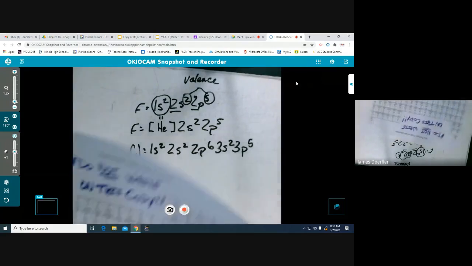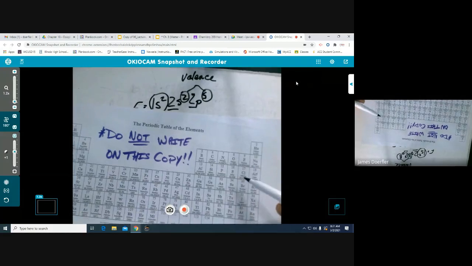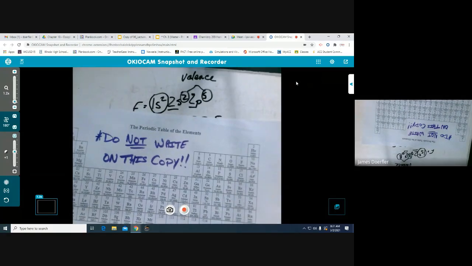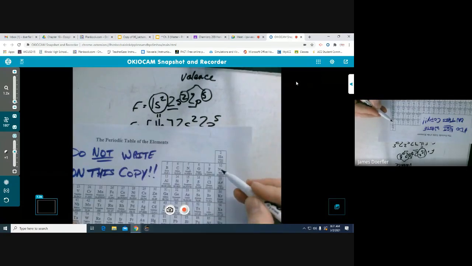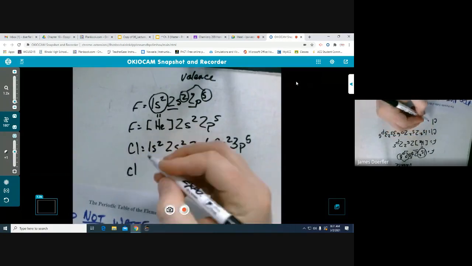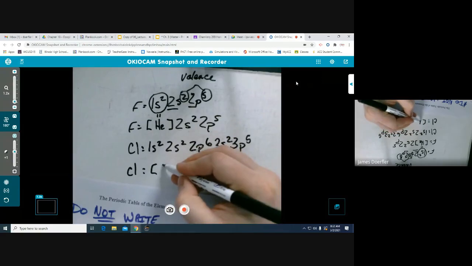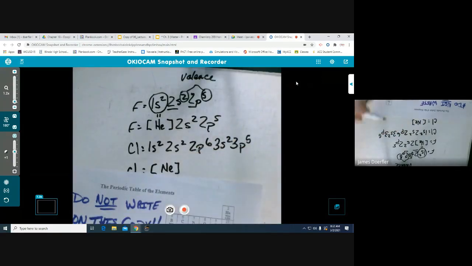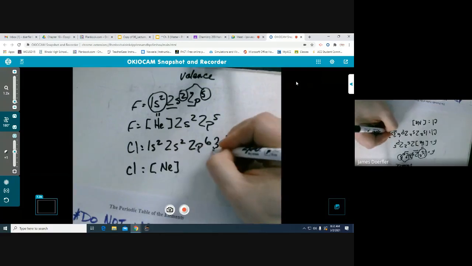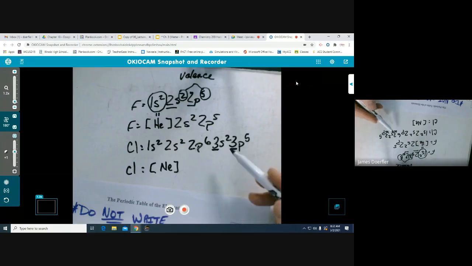Okay. Can anybody tell me, when we're at chlorine, what the previous noble gas would be? Neon. Very good. It is right here. It is up one row and all the way to the right. So the condensed version will be in brackets, Ne, close your brackets. And again, as you see here, chlorine is found in the third energy level.